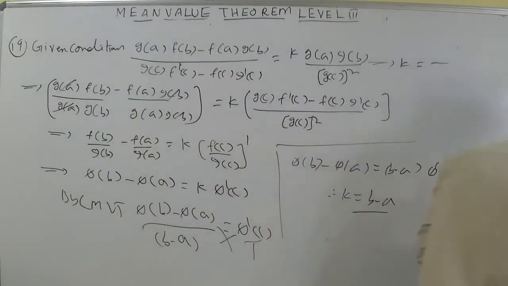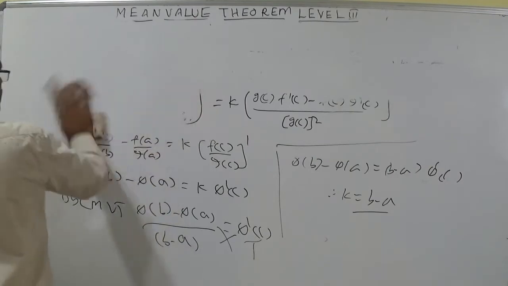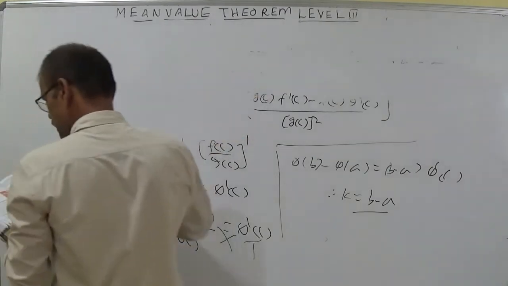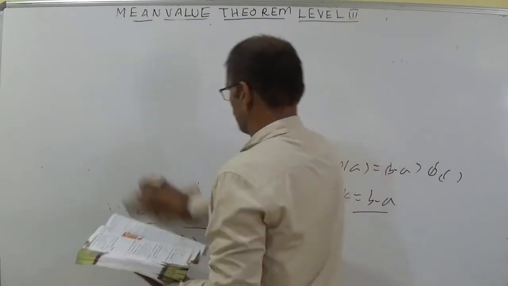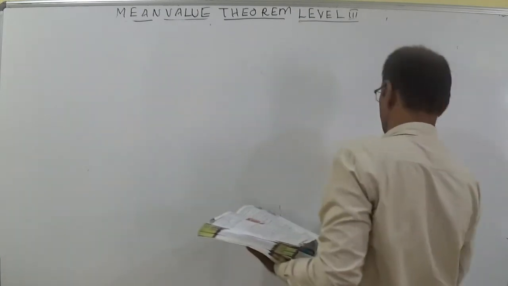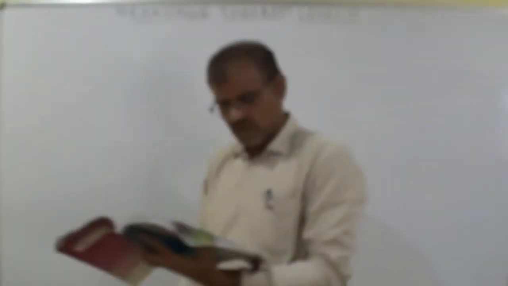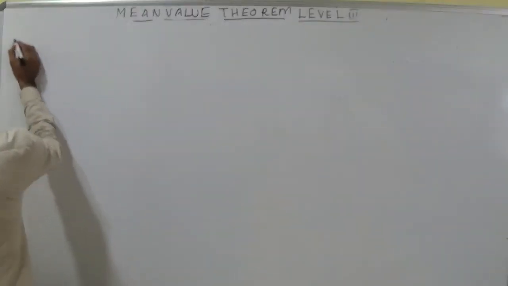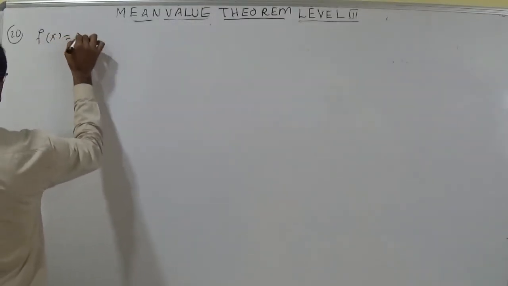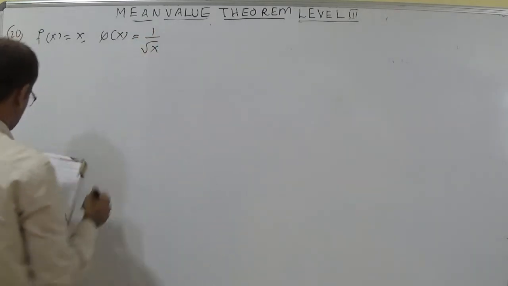Next, 20th question. If the functions f of x and phi of x are continuous in closed interval a comma b, differentiable in open interval a comma b, everything is given, then find the value of c for the pair of functions f of x is equal to root x and phi of x is equal to 1 by root x.